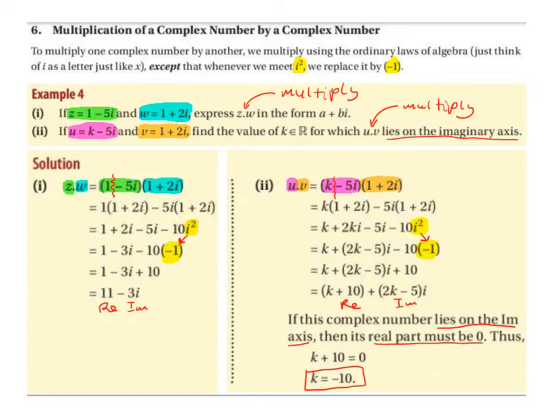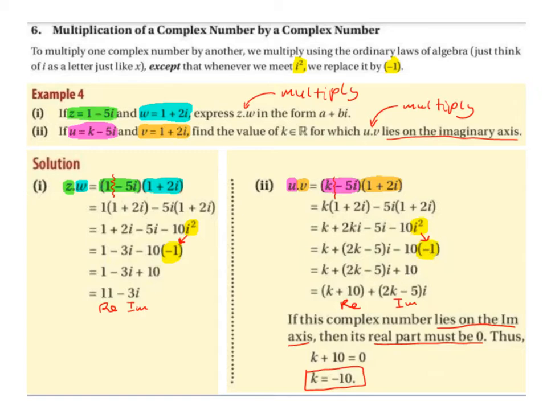Multiplying out, we get k plus 2ki minus 5i minus 10i squared. Again, the i squared becomes minus 1, and make sure you've got brackets around it because we have to multiply. Here we're going to factorize. We're going to take out the i, which is common to both, and we're going to have 2k minus 5 in brackets. And then minus 10 by minus 1 is plus 10.